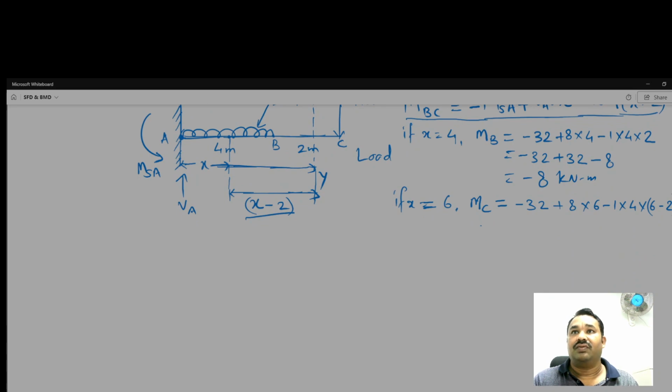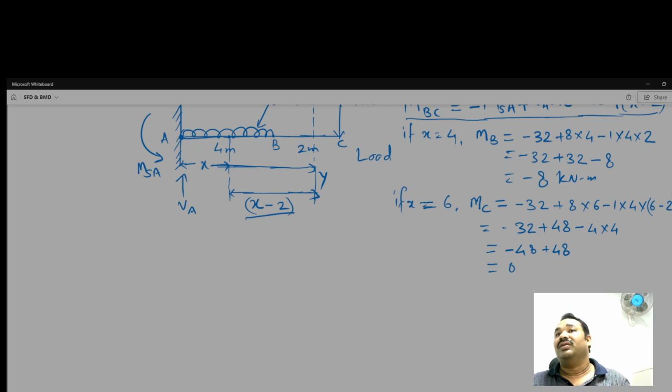Okay, then what we get, minus 32, and 48 minus, then 4 into 4. So 40 minus 48 plus 48 is equal to 0. So it is obvious at the free end there will be no bending moment, so it is verified.